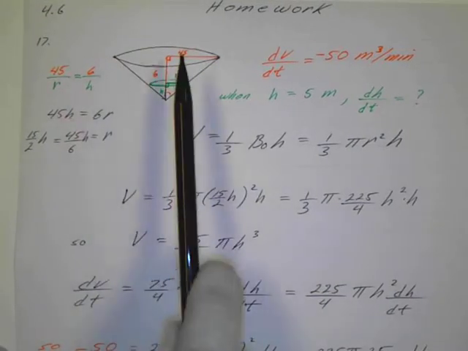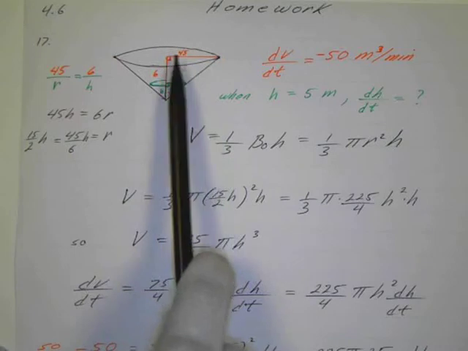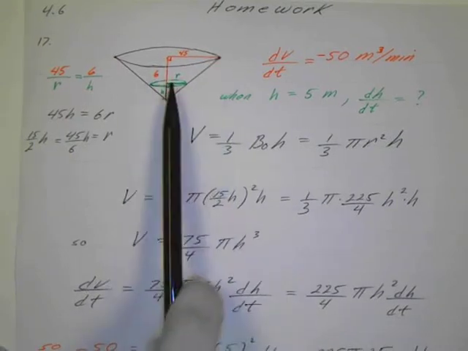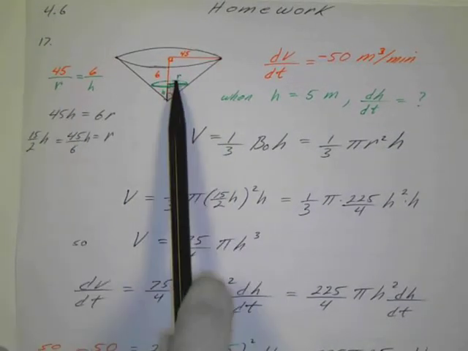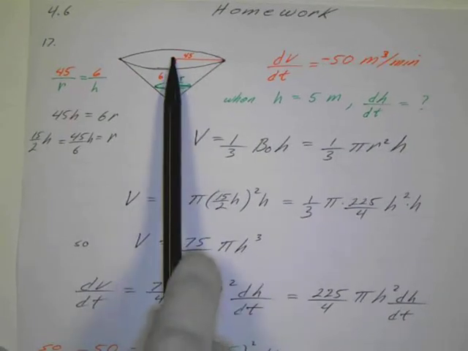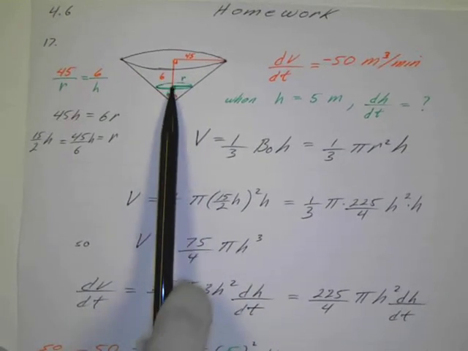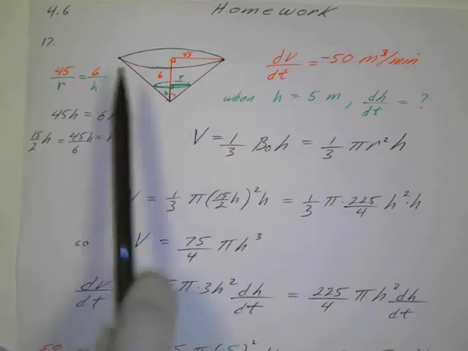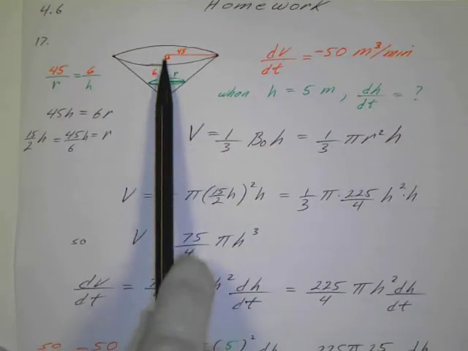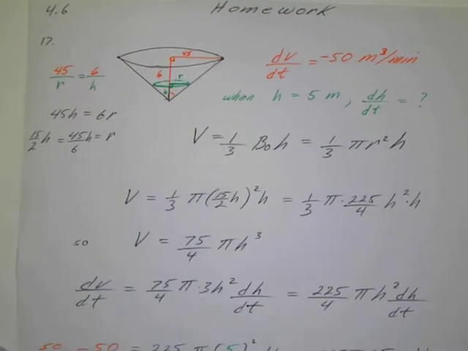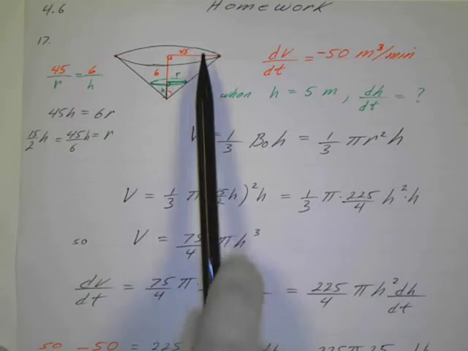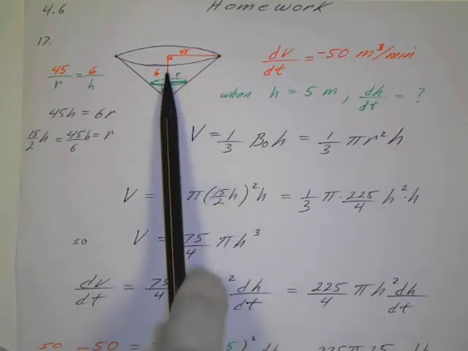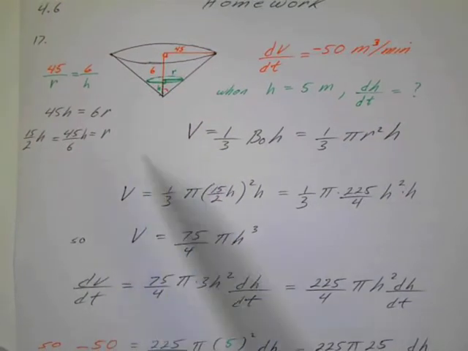So you know that the large radius to the small radius, 45 to r, is the same ratio as the large height to the small height, h. So 45 over r is the same thing as 6 over h. Large triangle, small triangle, large triangle, small triangle, because they're similar.